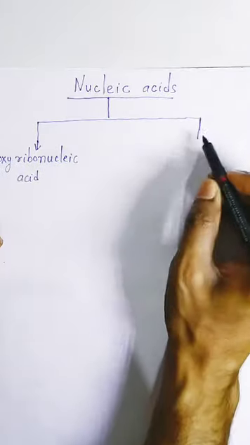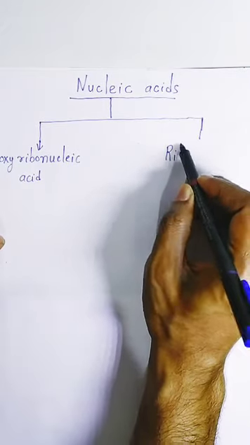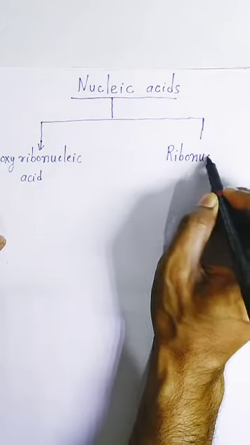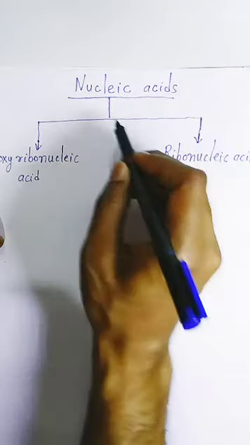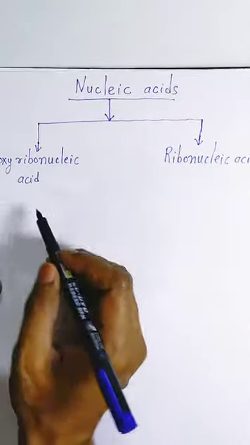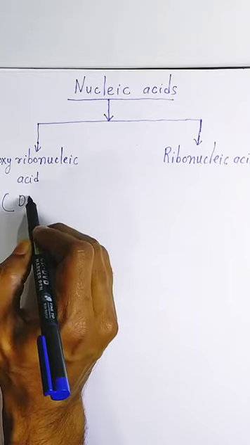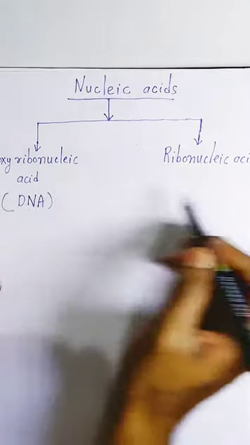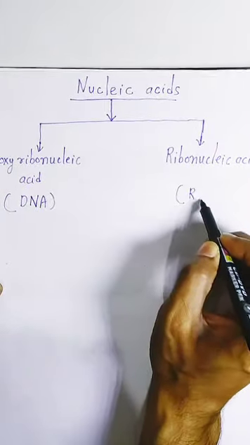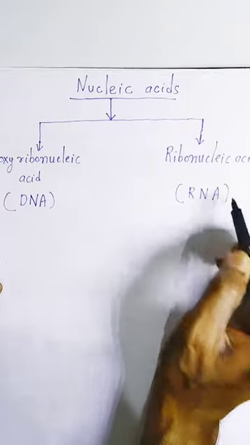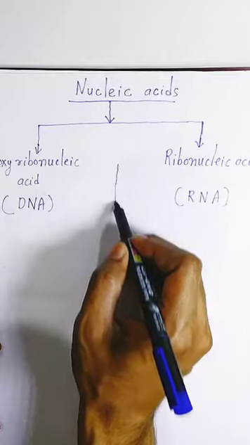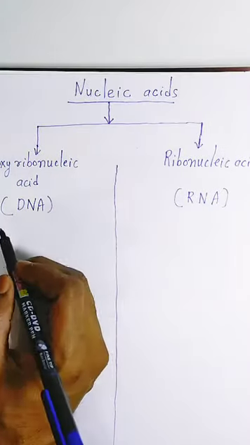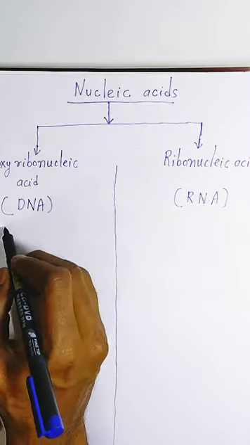And the second one is ribonucleic acid. In short, we write DNA and RNA, ribonucleic acid.